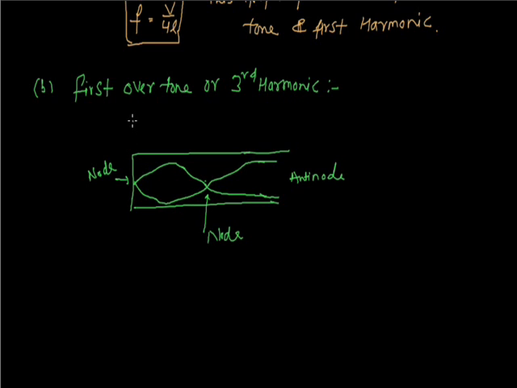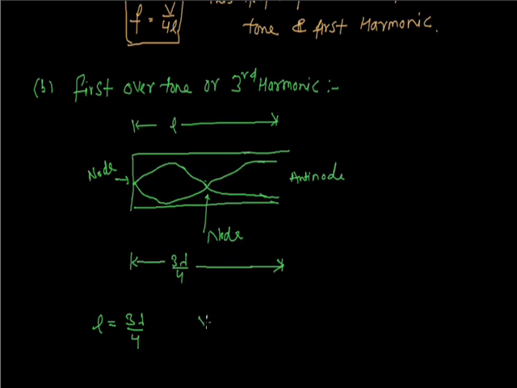If the length of the closed organ pipe is L, the distance from the node to the second antinode will be 3 lambda by 4. That means length L is equal to 3 lambda by 4.